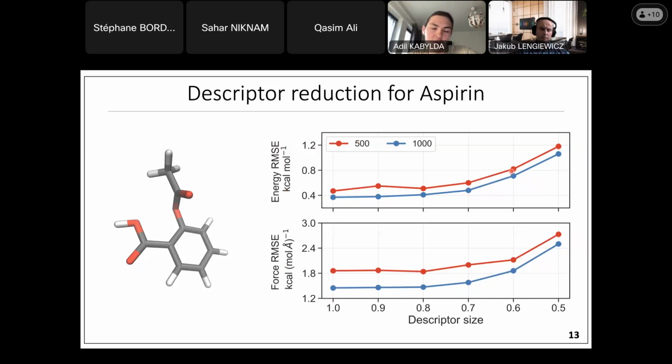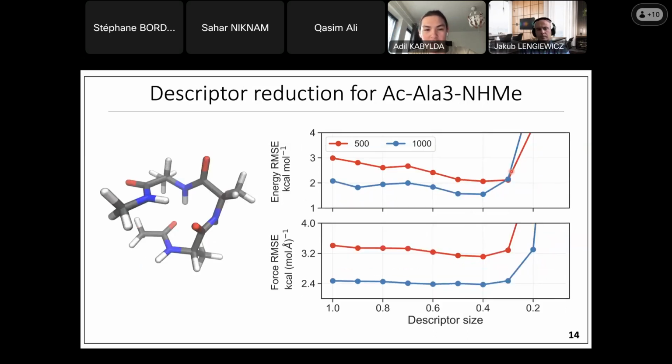And this makes sense because the molecule is small and all of the features are important, and it's not really applicable here. But surprisingly for us, what we observed for the 42-atom tetrapeptide is that you can actually remove up to 60–70% of the initial global descriptor, and not only do you gain some efficiency during molecular dynamics, gain speed, you also gain some accuracy, because the global descriptor is overdefined, there's a lot of noise, and now as you remove non-important features, more attention can be brought to the important features.